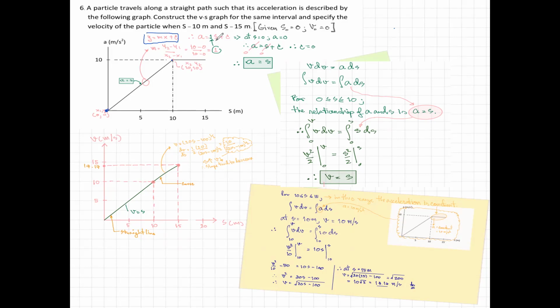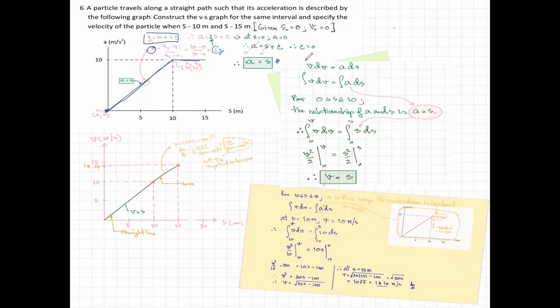With two coordinates, we can determine the slope, which is the m, and after that we can find the function, which is a equal to s. This is the function for the first part. And for the other part, it is constant, a equal to 10.